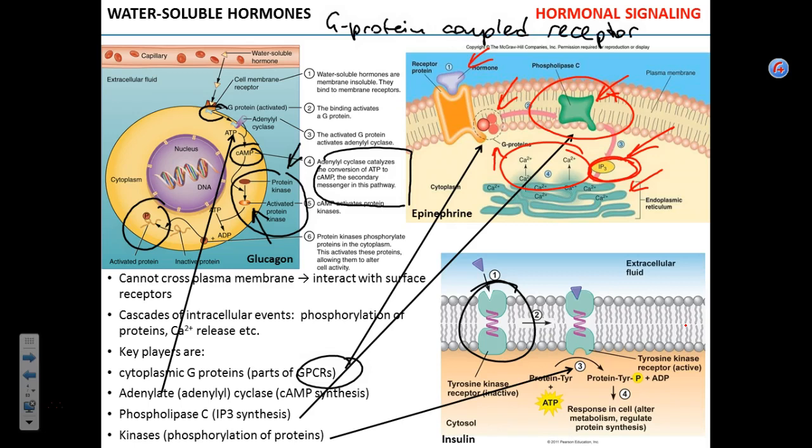And the third mechanism is probably the simplest. It's the mechanism of insulin working. The hormone, right here, binds to the receptor. The receptor has two parts. One part is the one that binds the hormone. Another part is the enzyme.